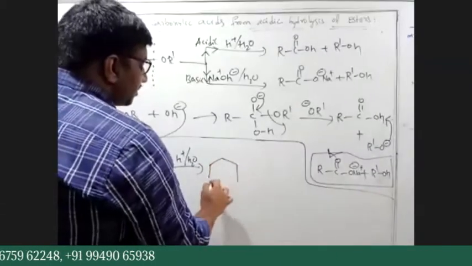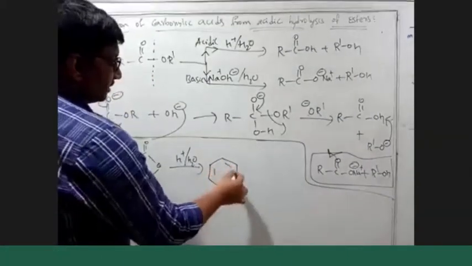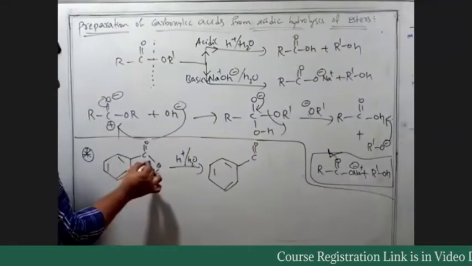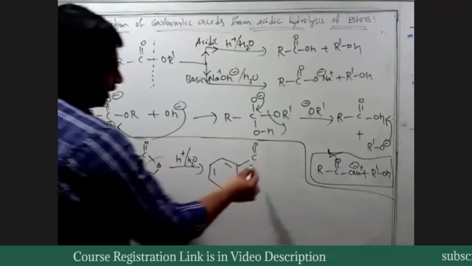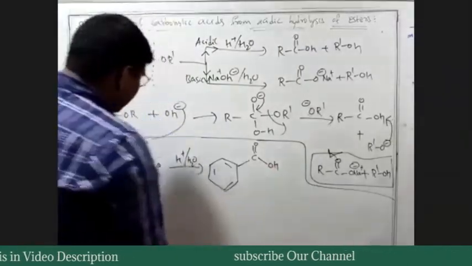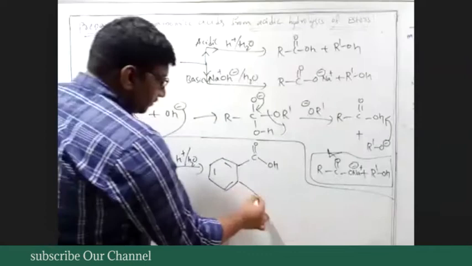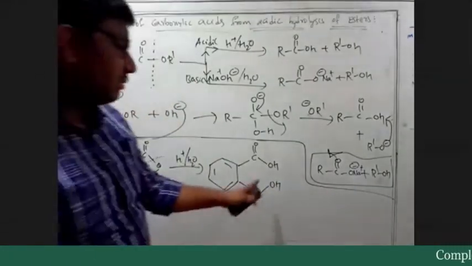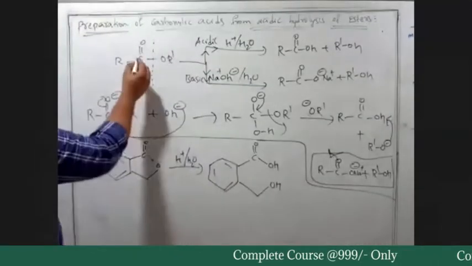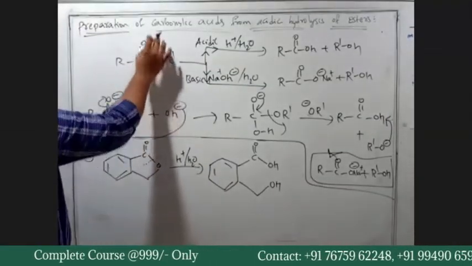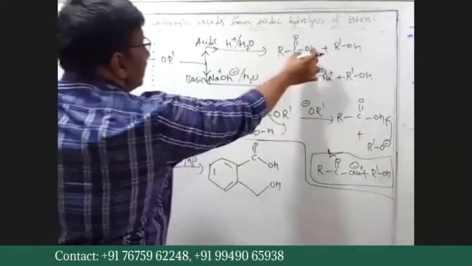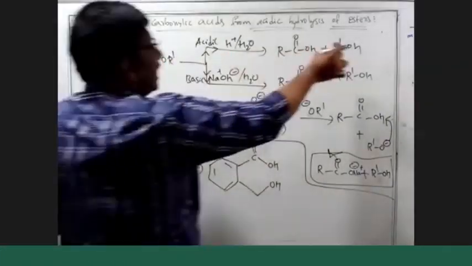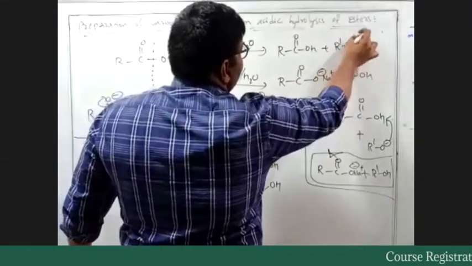We write C double bond O, this bond should break, and we can simply add OH at one point, and for the R'O minus we are adding H.